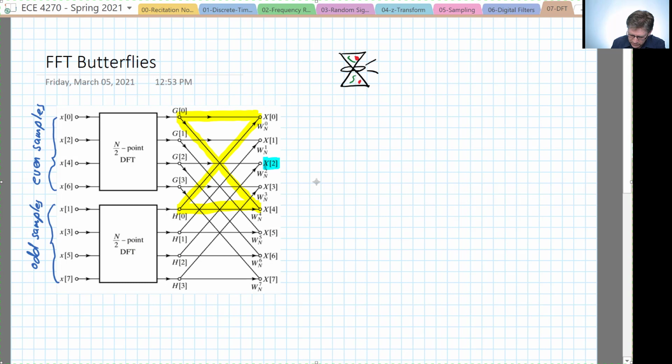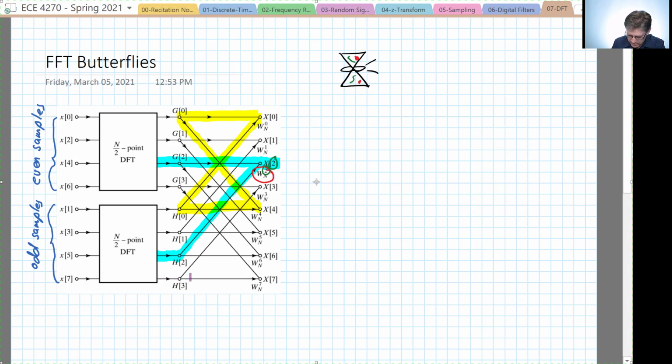So let's take this one, for example. This is equal to the output from the even sample DFT, and we take the odd sample. We multiply the odd sample by w sub n squared. And we note that the square shows up in those two places. So k is 2, and that's where the square comes from.